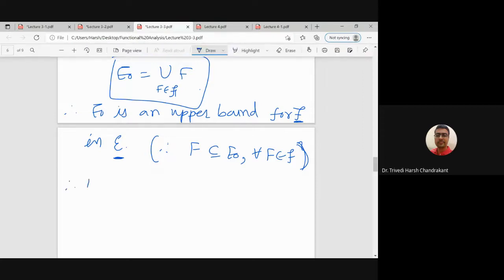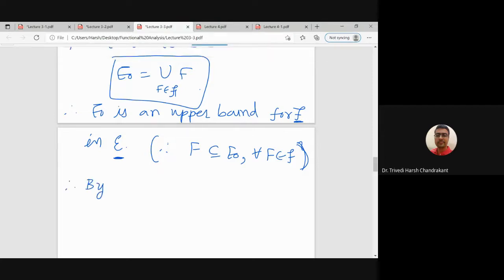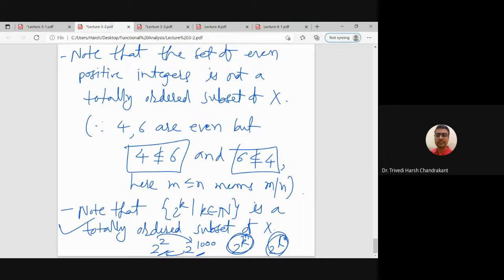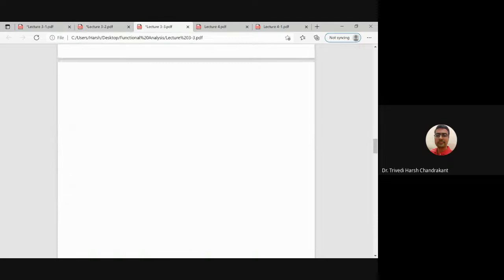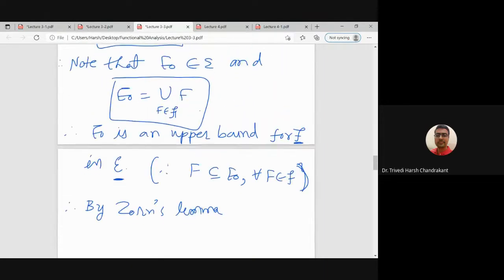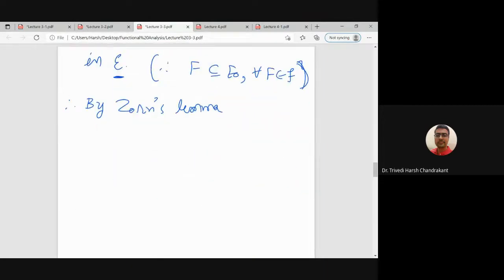So therefore, by Zorn's lemma, so what is Zorn's lemma? Zorn's lemma says that if you have a partially ordered set in which every chain has an upper bound, then the partially ordered set has a maximal element.